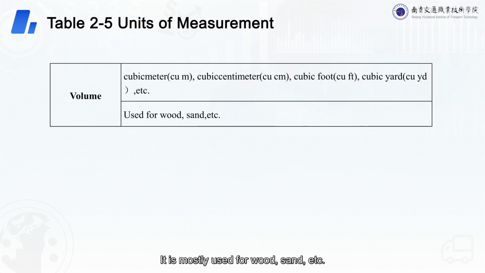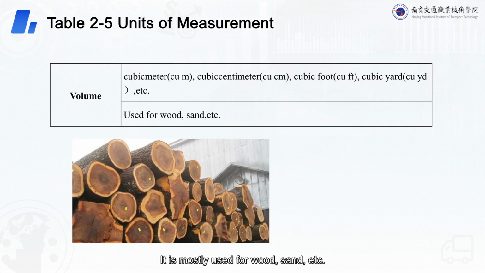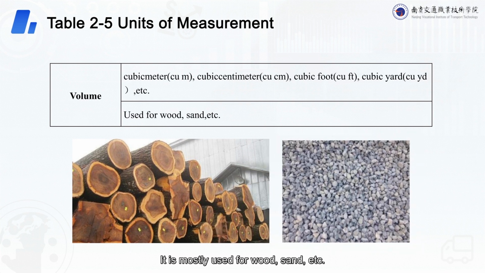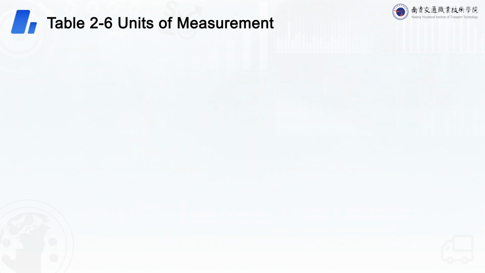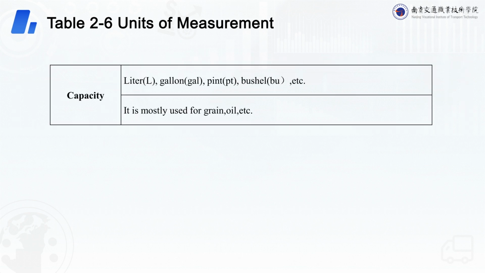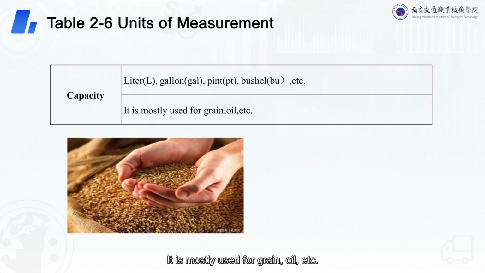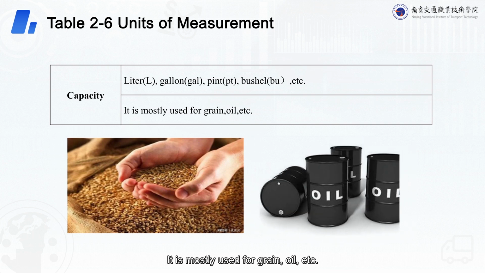It is mostly used for wood, sand, etc. It includes cubic meter, cubic foot, cubic yard, etc. Group 6, capacity. It is mostly used for grain, oil, etc., such as liter, gallon, bushel, etc.